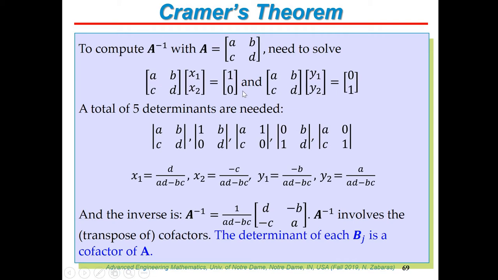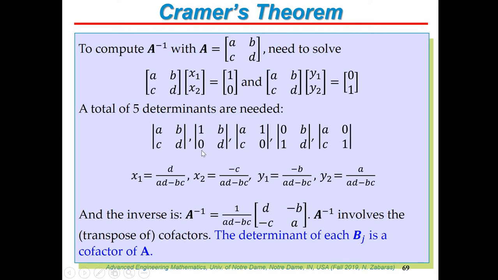So really what we have to do is solve two linear systems of equations using Cramer's rule. And you remember for each of these systems of equations, you have to compute two additional determinants in addition to the determinant of A. So all the determinants that you have to compute are given here. You have to compute the original determinant of A, which is the first matrix.